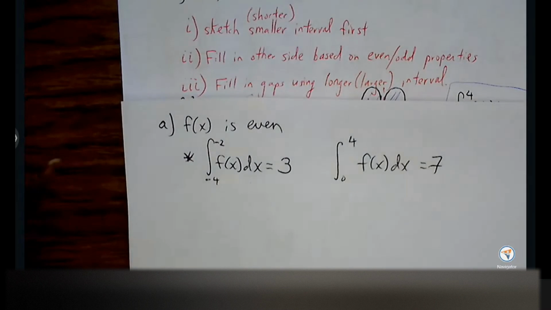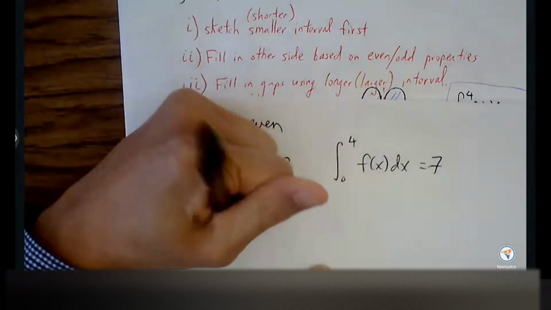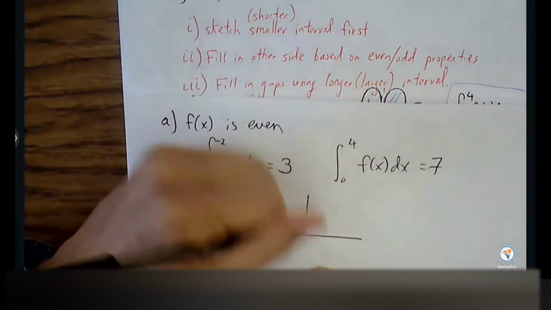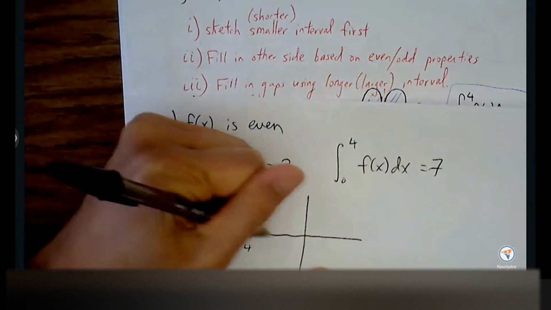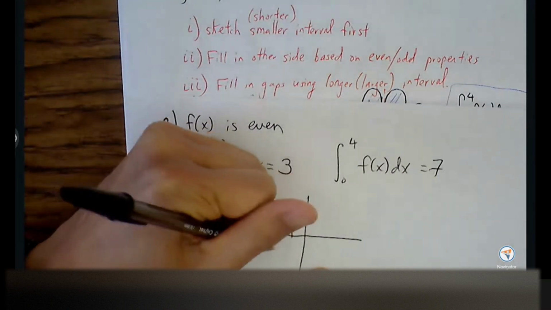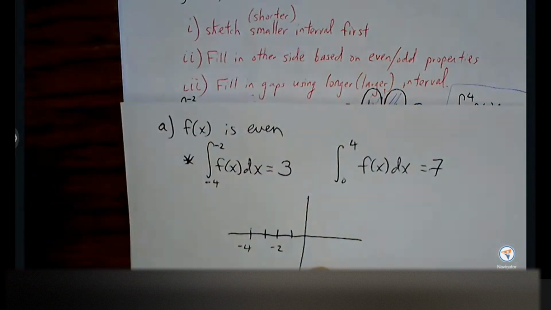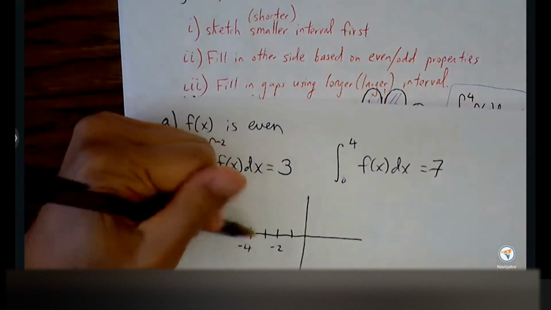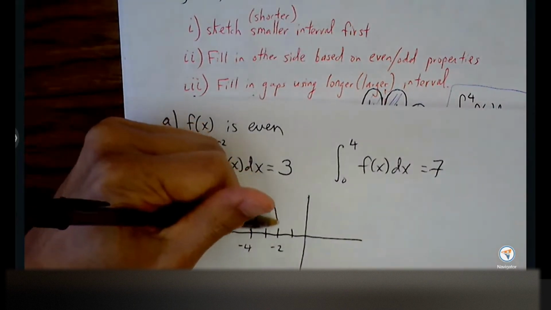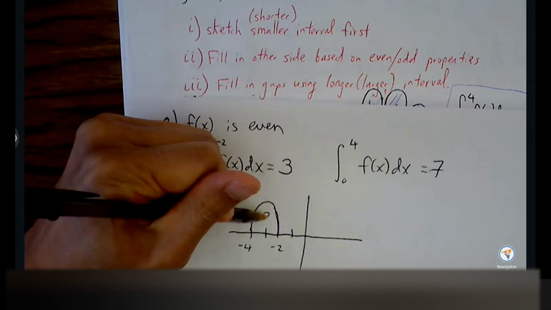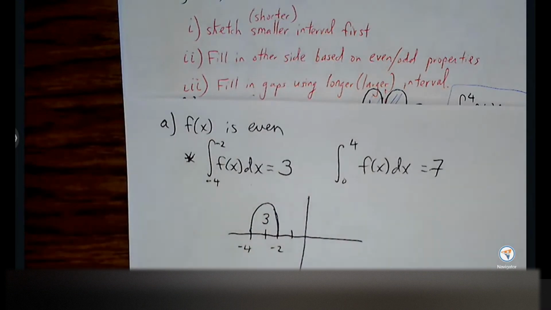Integral from -4 to -2 is where we're going to start. So let's just create a region from -4 to -2, and let's call it 3. Okay.